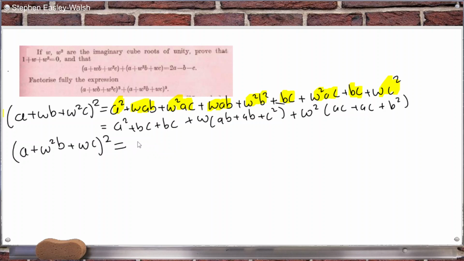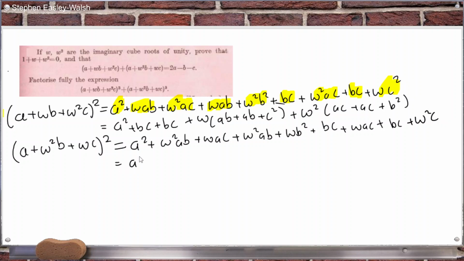So that would be a squared plus omega squared ab plus omega ac plus omega squared ab plus omega 4 b squared plus omega cubed bc plus omega ac plus omega cubed bc plus omega squared c squared.